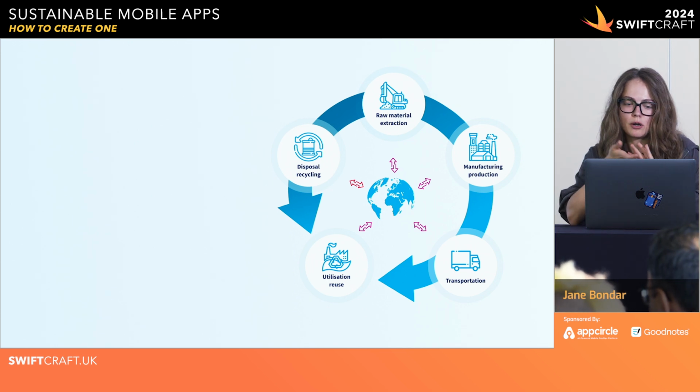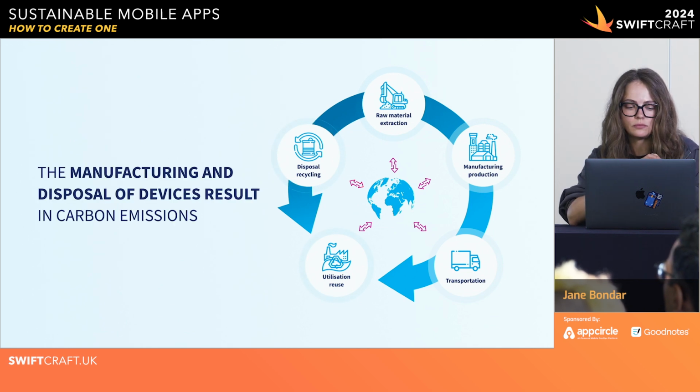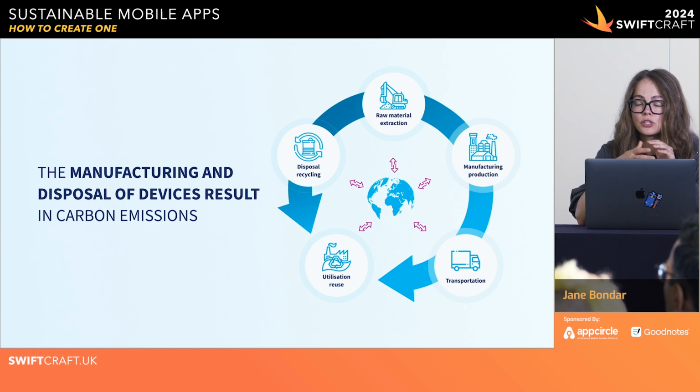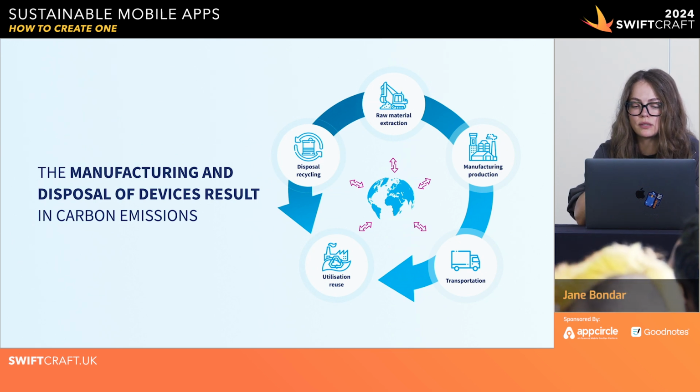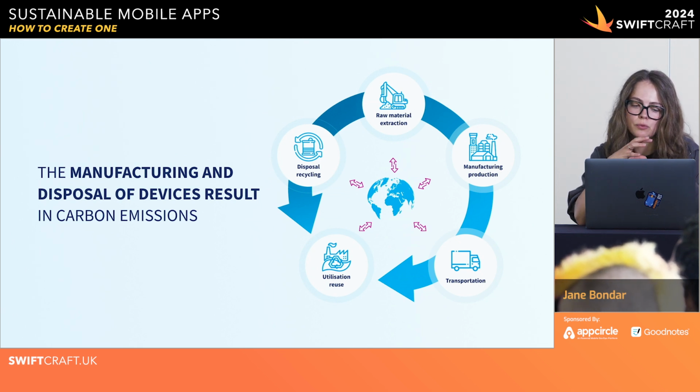Devices produce carbon emissions throughout both their manufacturing and disposal phases. For some devices, the carbon emissions associated with manufacturing can surpass those created during actual usage, resulting in a much larger embodied carbon footprint than the emissions from the device's energy consumption.